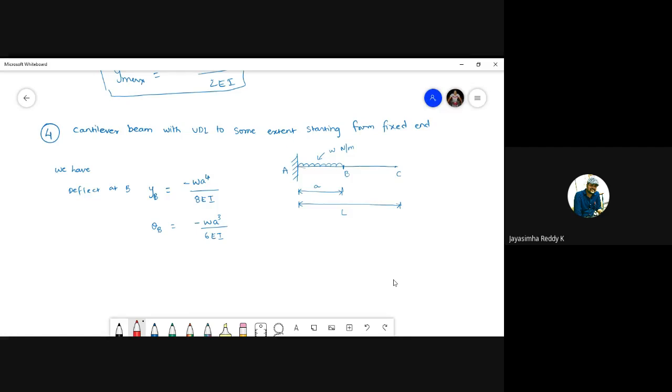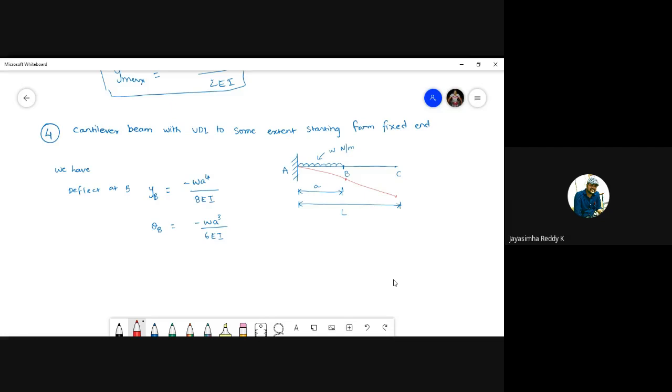It will deflect like this up to here, and then it will go as a straight line up to C. The slope varies only up to AB, and the slope from B to C remains the same. As there is no loading between B and C, the slope remains the same from point B to point C. So B to C is a straight line, whereas AB is an elastic curve, where we can observe the change of slope because of the uniformly distributed load.